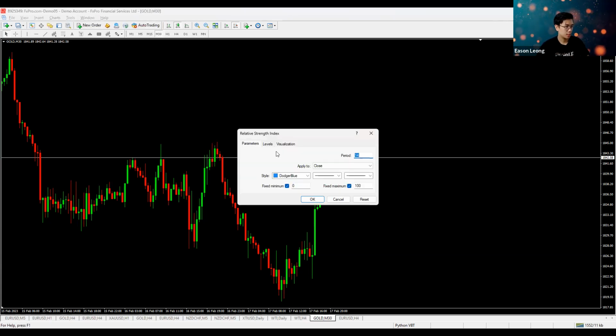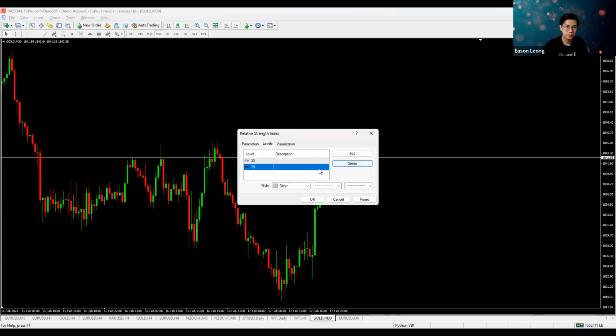So when you insert the indicator, no need to change anything first, right? No need to change. All you need to do is go to level, and you're supposed to have 30 and 70 only. Now what you need to do is click add.